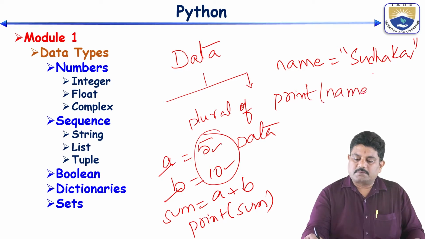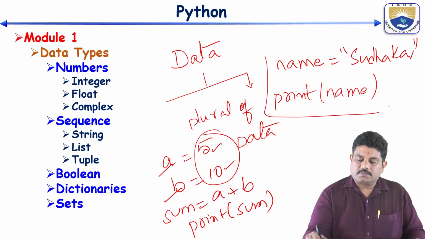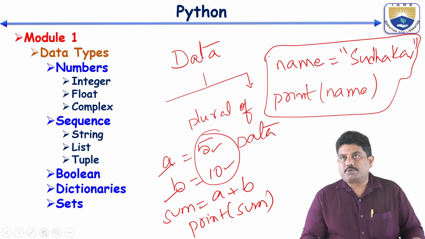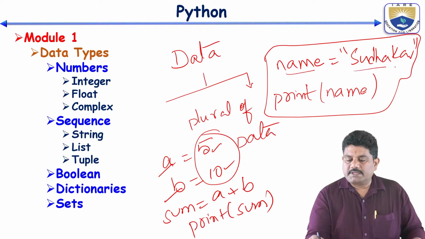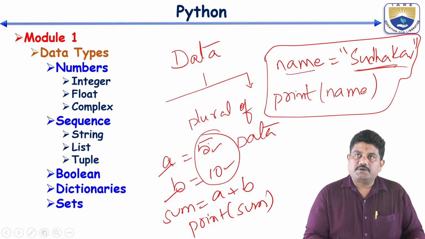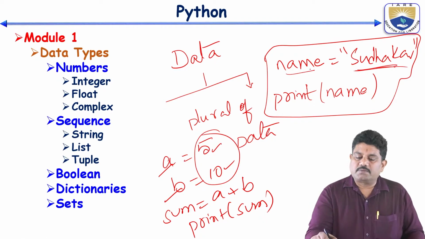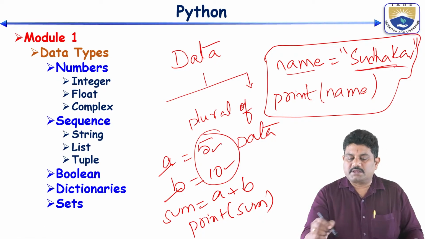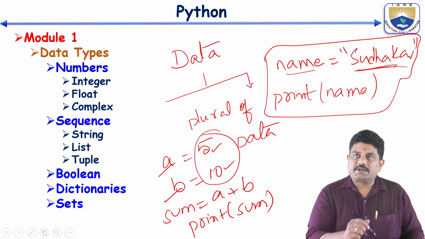In this program, variable name contains the string Sudhakar. Here variable a contains the integer 5, and variable b contains the integer 10. Sudhakar is the data here, and these 5 and 10 are data here.